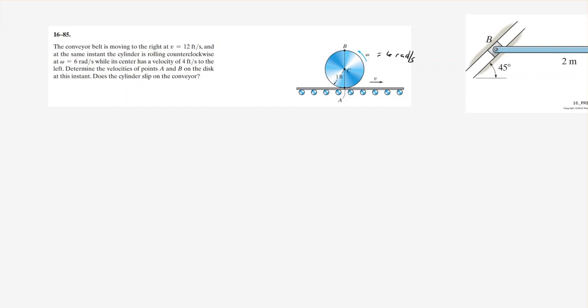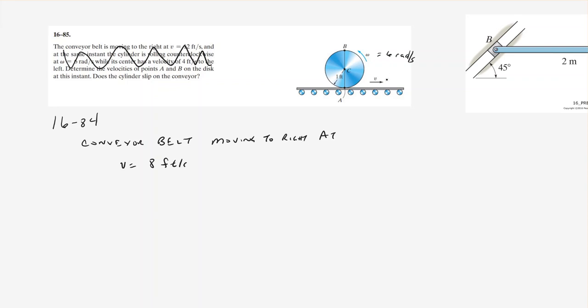Okay, so we're going to use the same figure, but we're going to change this up. Same figure, and we're going to do 1684. And it says the conveyor belt is moving to the right at V is equal to 8 feet per second. So, all right.